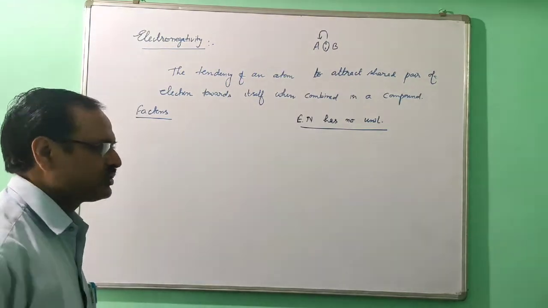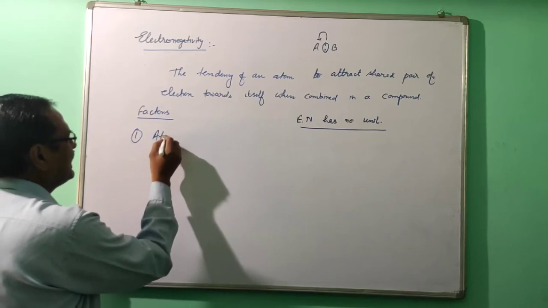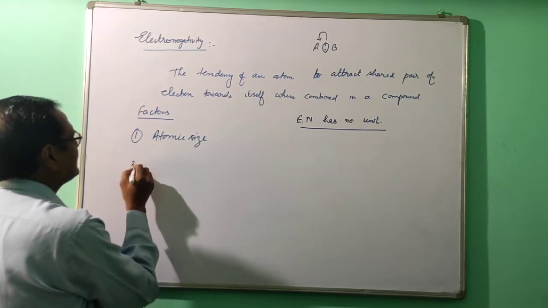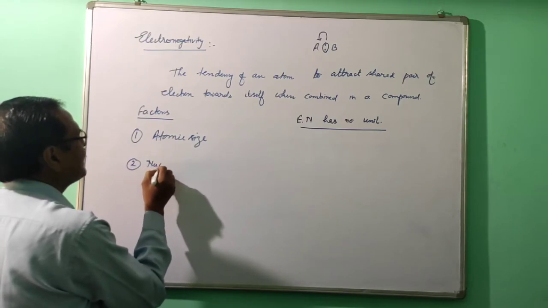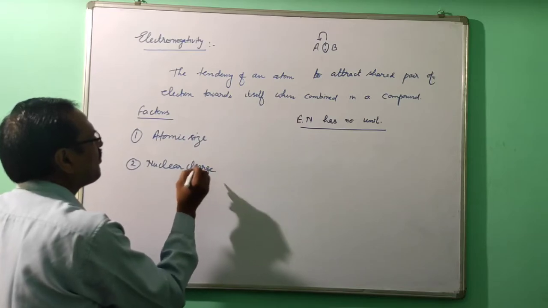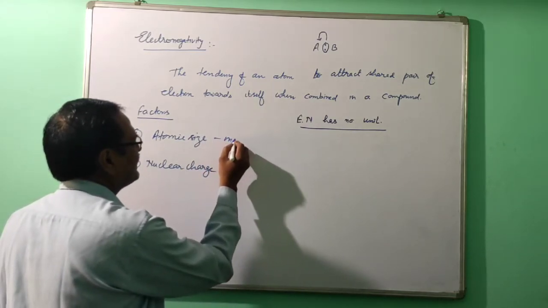So next are the factors which affect electronegativity. Two factors are there. One is the atomic size, and the second one is the nuclear charge. First, atomic size increases.